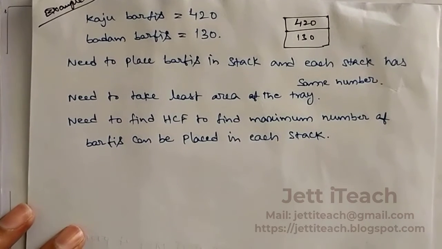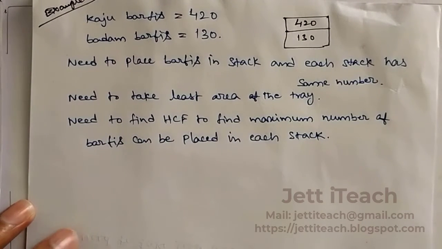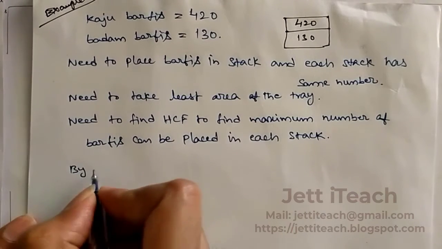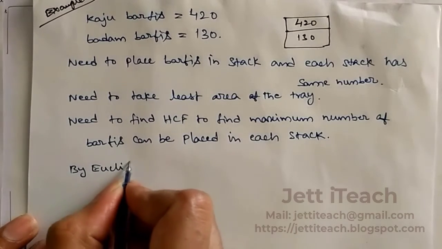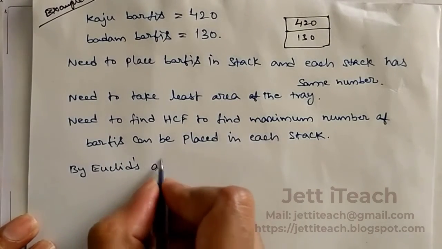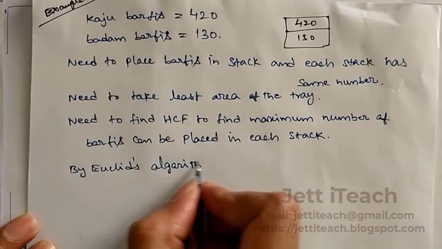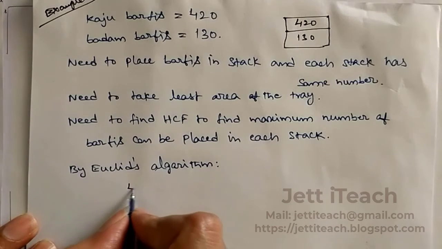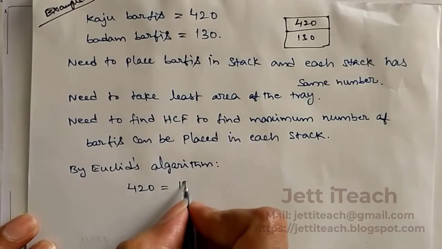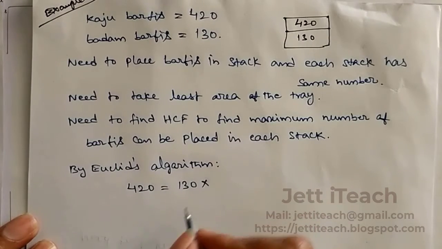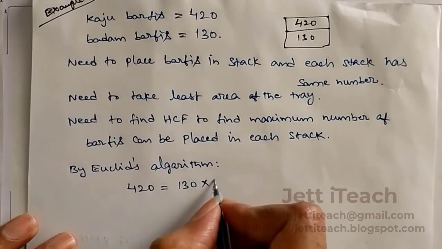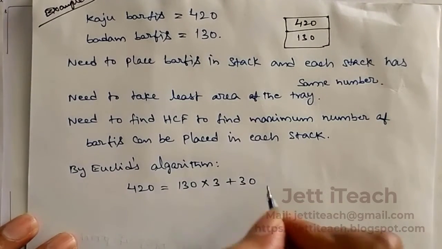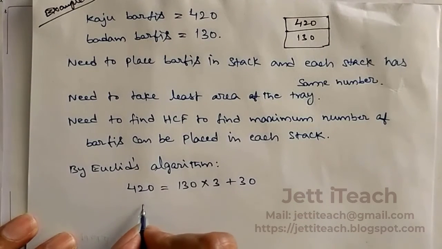First we will find HCF by using Euclid's algorithm. 420 equal to 130 into 3 times, so 390 plus 30, the remainder is not 0.